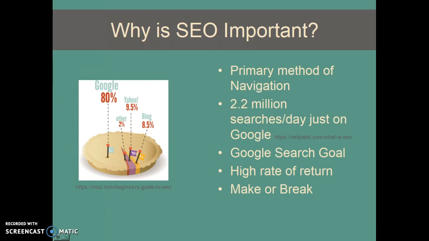So the goal is to get on the first page of the Google search. Most people are going to be clicking on the first 5 links, and very rarely do they go on to the second page of those search results. So we want to try and have our website pop up on that first page of the Google search.